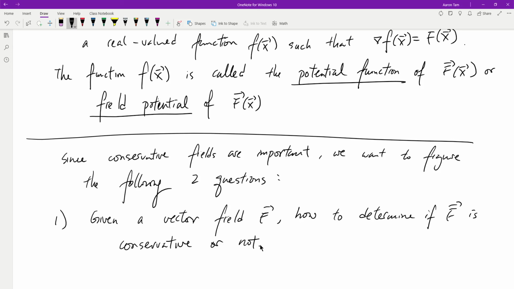I mean, clearly, it's probably not a good idea to try to randomly evaluate multiple different lines to go from point A to point B and see if they all give you the same value.